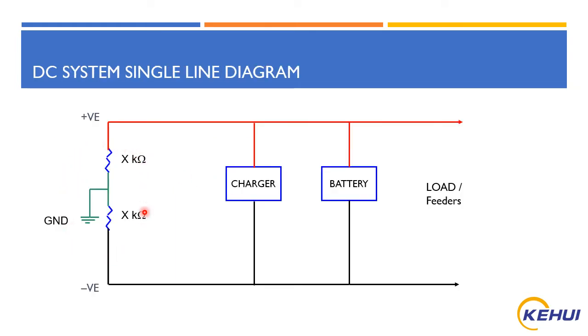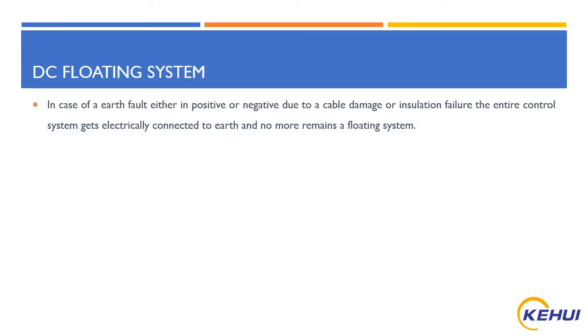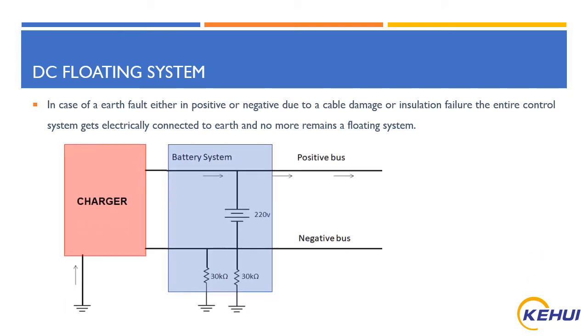A balancing network divides the total voltage into two equal halves and maintains the floating system. So in case of an earth fault in either positive or negative polarity, due to any cause, whether it is cable damage, insulation failure or improper maintenance, it becomes an earth system. So it no more remains a floating system.